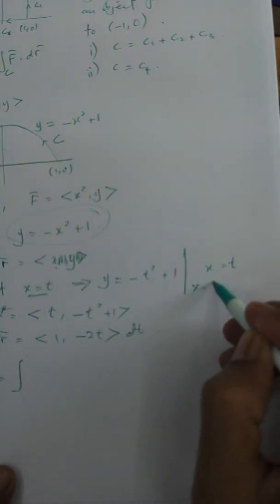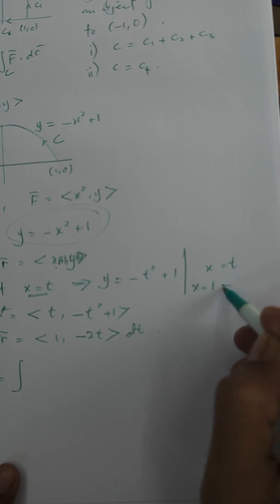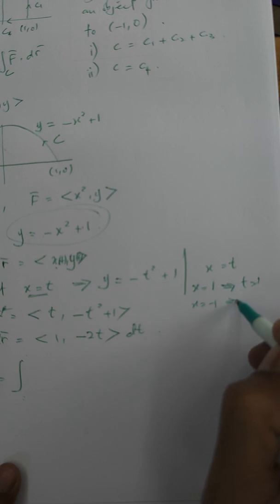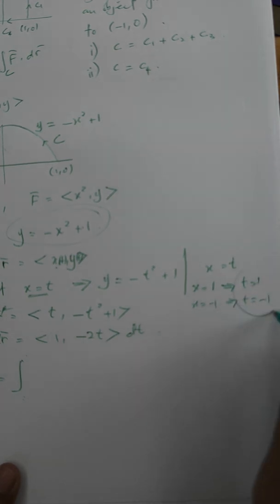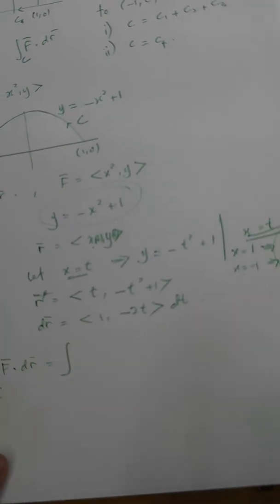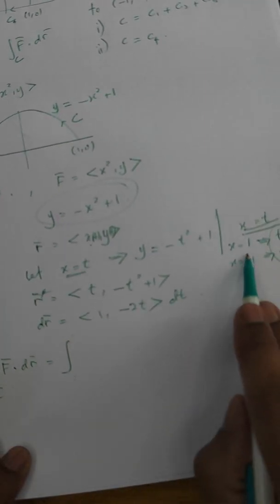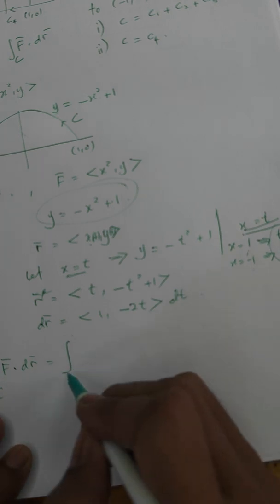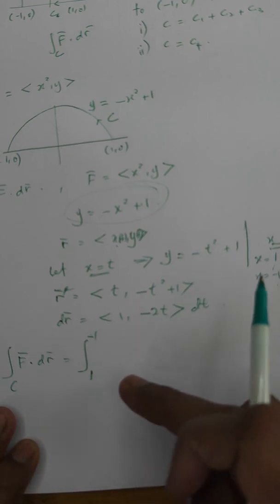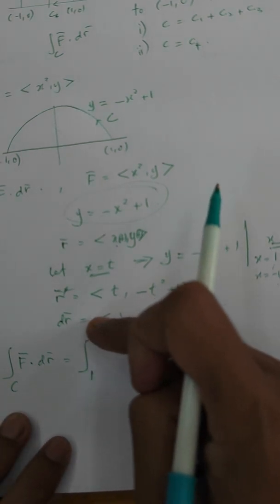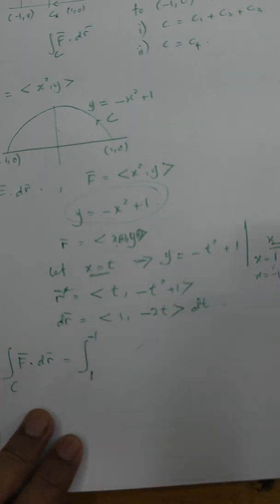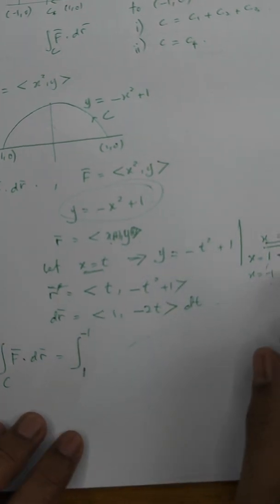When x equals 1, we have t equal to 1. When x equals -1, then t equals -1, because x equals t. So our limit of integration is from x equal to 1 to -1. It's not from the smallest value of t to the highest value of t. No, it's from where to where. Okay.